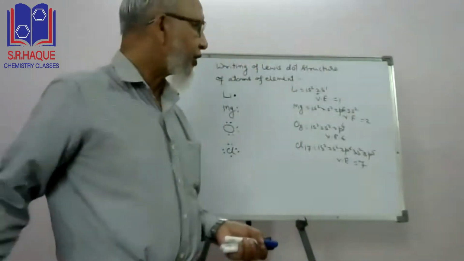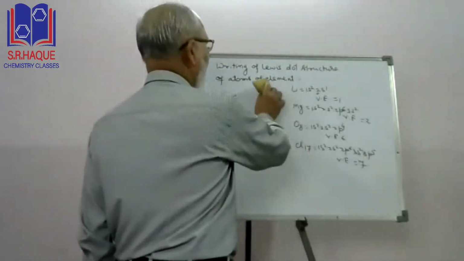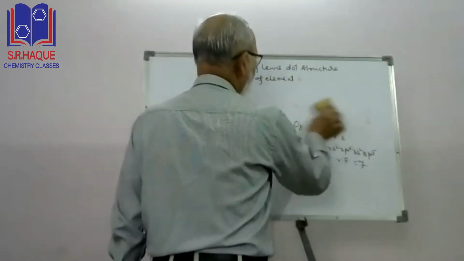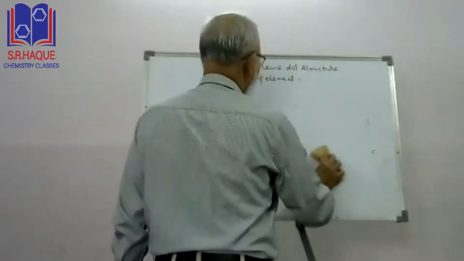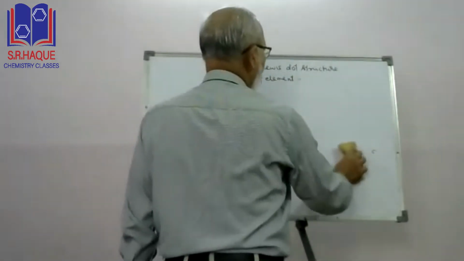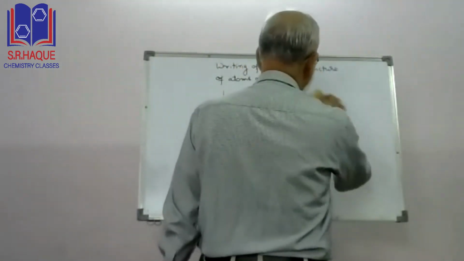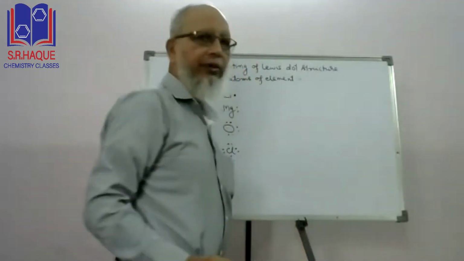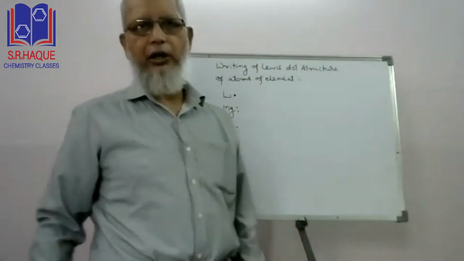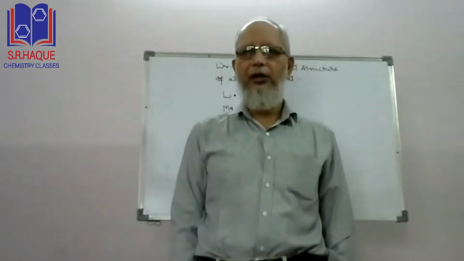Now, what is the importance of this Lewis dot structure or Lewis symbol of the element? On the basis of this Lewis symbol, we can find the valency of the element, and also we can find how many electrons this atom can contribute in the formation of a chemical bond.